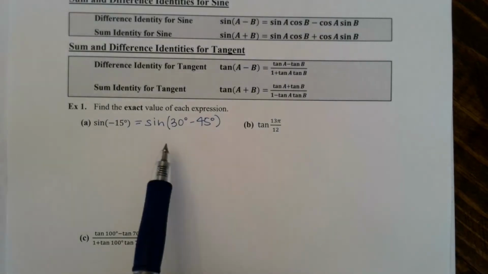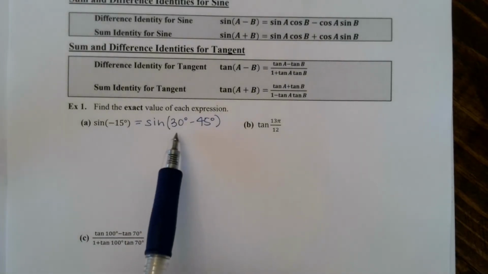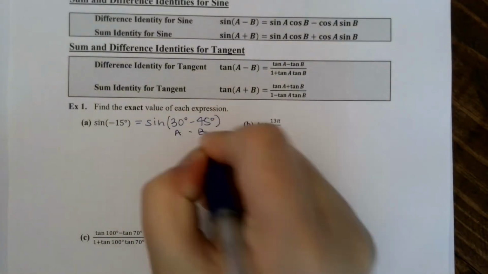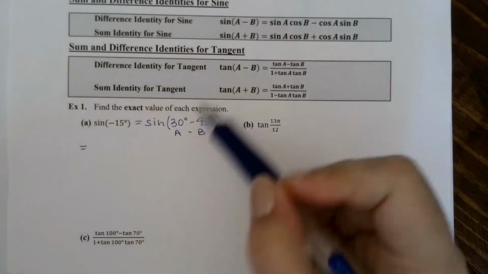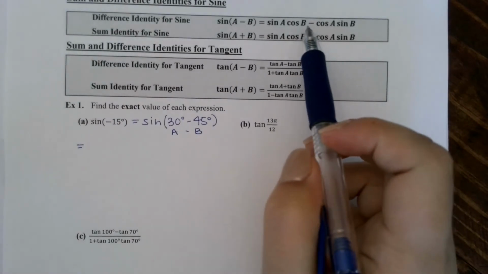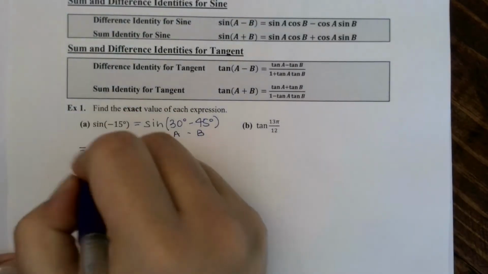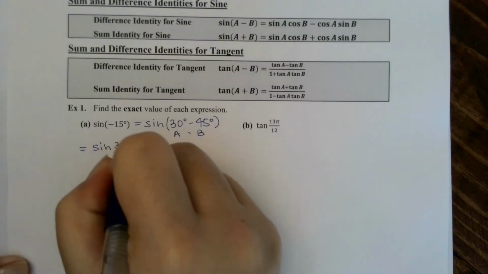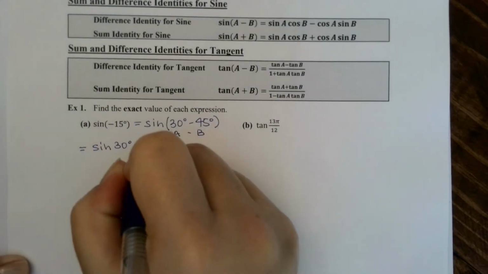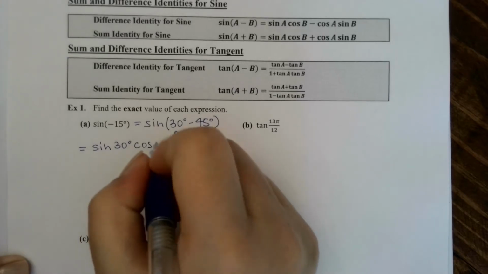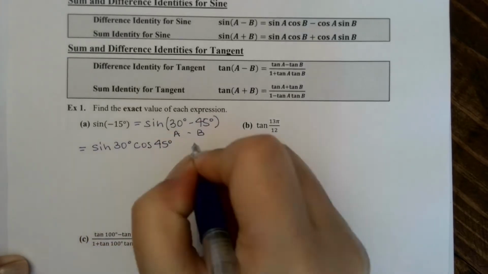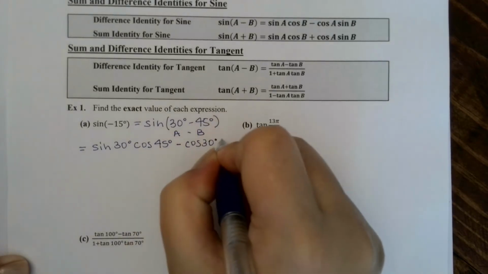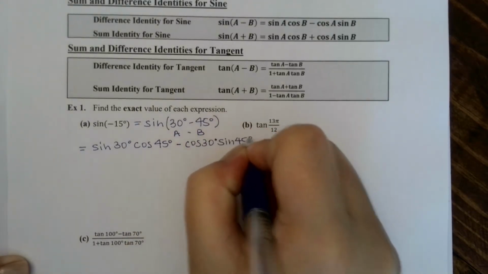Rewriting it in this form, we have sine of a minus b, so we can plug this into our difference identity for sine: sine of 30 degrees times cosine of 45 degrees minus cosine of 30 degrees times sine of 45 degrees.